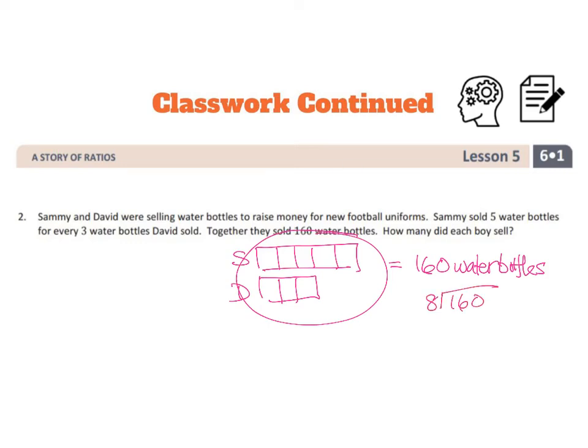So I have 160 total divided by the 8 units that I've drawn in my tape diagram. 8 times 2 is 16. So I get 20. That makes sense. 20 times 8 is 160. So if the value of each one of those in the boxes is 20, right? So 2, 4, 6. So this is a total of 60.